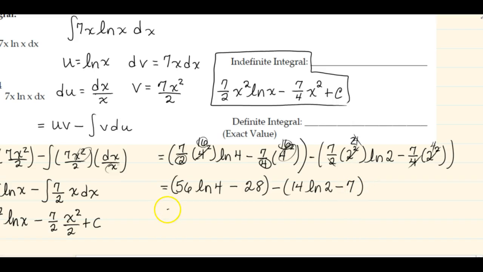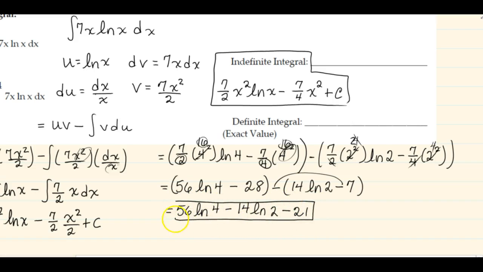And I'm just simplifying now by adding like terms, so I'm going to write down 56 natural log of 4 minus 14 natural log of 2, and then this will become a positive 7, so negative 21 here. So this is one of the answers I was looking for.